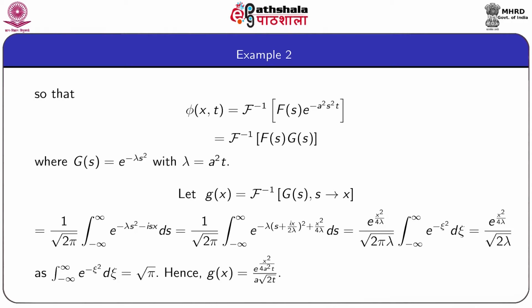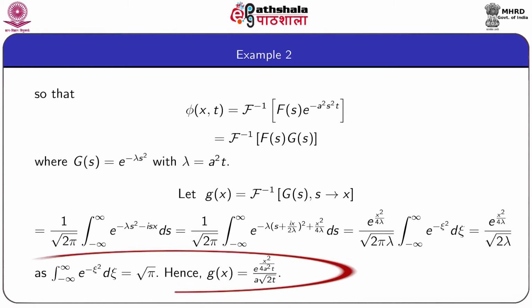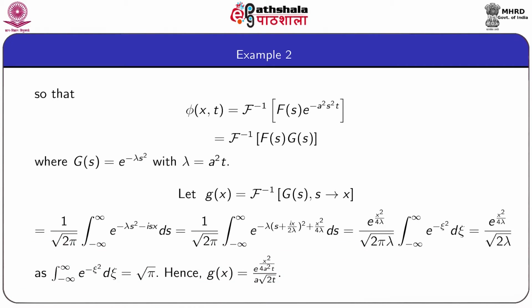Here we have adjusted this power of e in this form, so that small g(x) is equal to e^(x²/4λ) divided by root over 2λπ integral from minus infinity to plus infinity e^(-ξ²) dξ. The integral of e^(-ξ²) dξ from minus infinity to plus infinity can be written in terms of the gamma function, and which is equal to root over π.